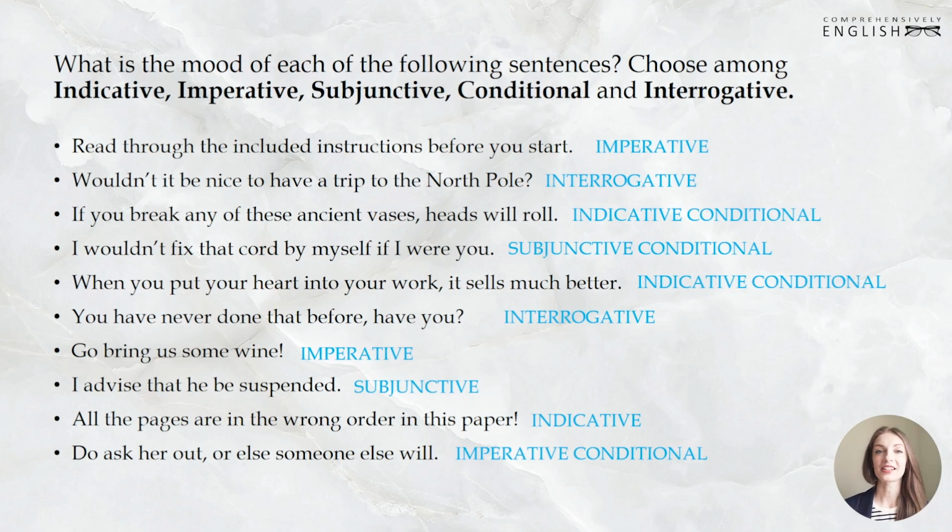I hope things in this lesson were not very convoluted. You might read there are 5 moods in the English language: indicative, imperative, subjunctive, conditional, and interrogative. And there are reasons to think this way.